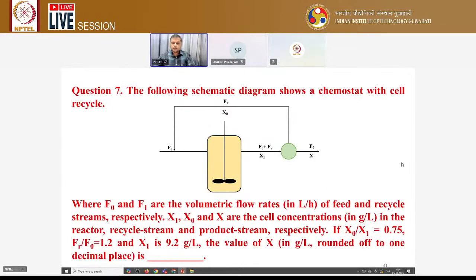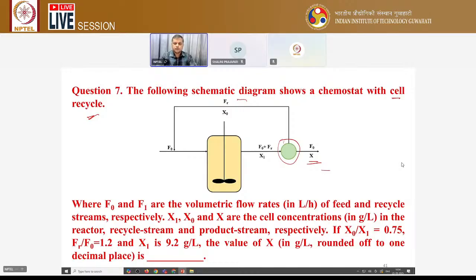Next question is the chemostat with cell recycling. Now in this schematic, F0 is entering, F1 is exiting, and FR is getting recycled. In this junction you have the inlet as F0 plus FR.